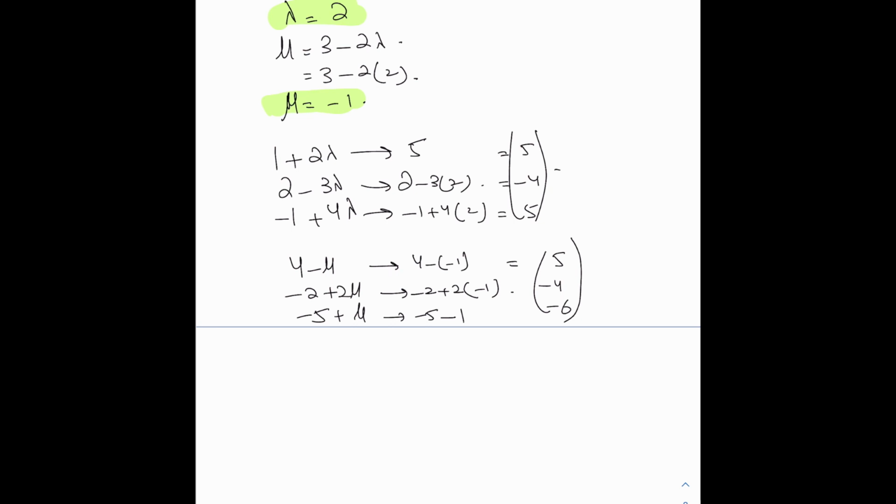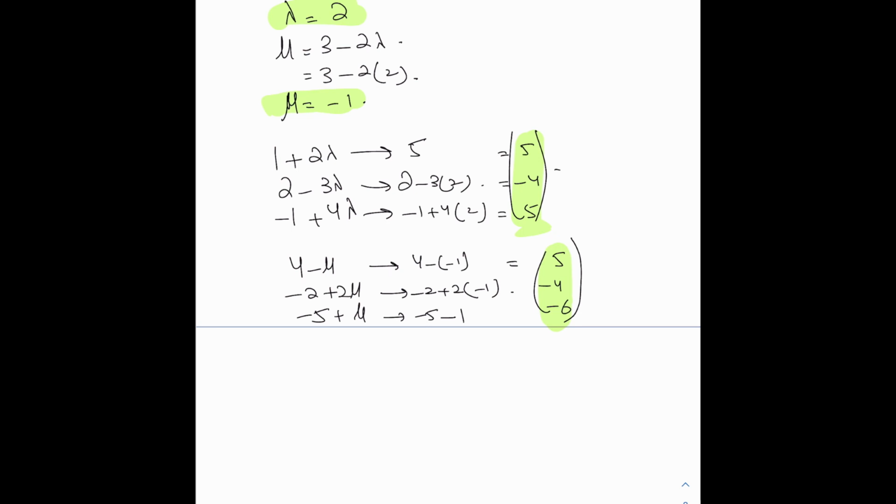Okay, if you notice here, the point here is 5, minus 4 and 5, and here the point is 5, minus 4 and minus 6. That means if you're not getting the same points, the two lines are skewed.